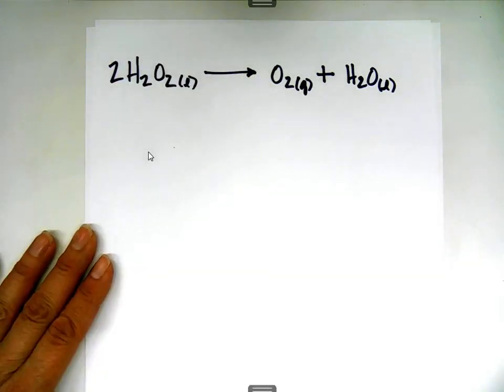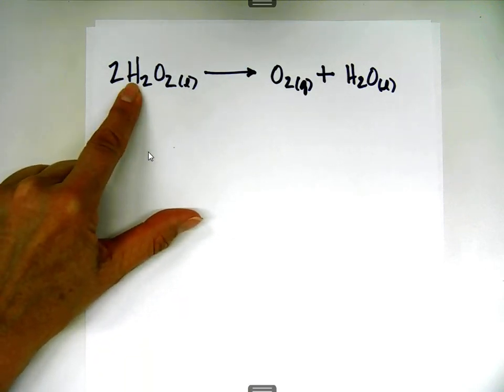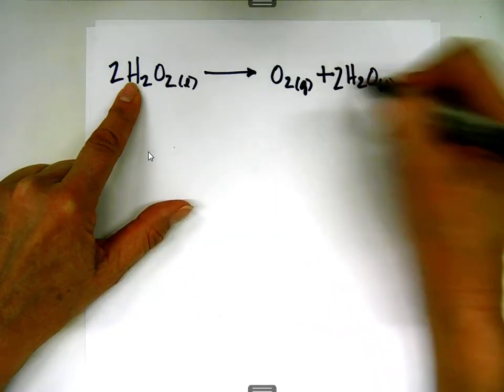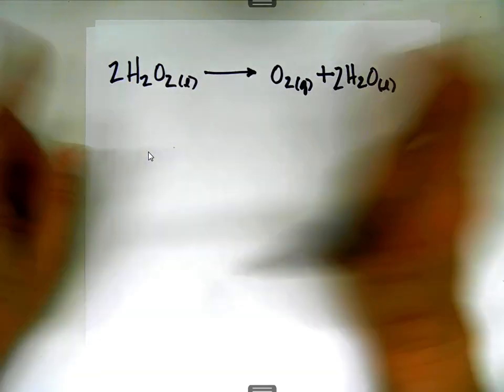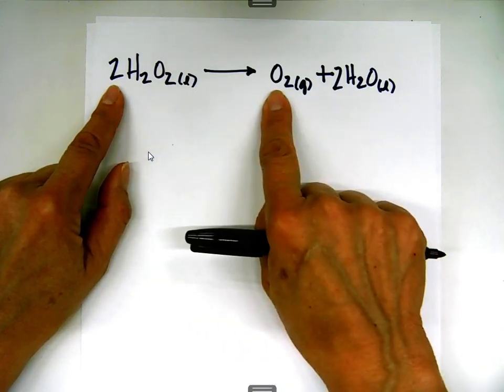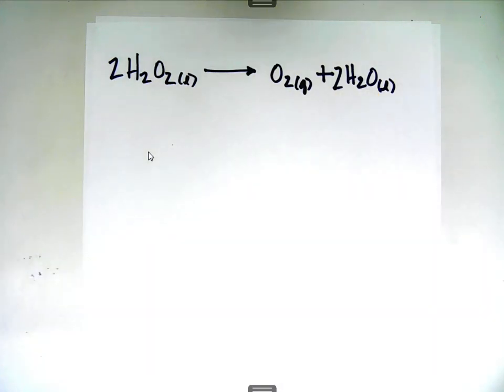That might work, and I have two H2O2, so now I have four hydrogens. How do I fix the hydrogens over here? Put a 2 in front of the H2O. Now I have four hydrogens on each side. How many oxygens do I have on the reacting side? 2 times 2 is 4. Here I've got 2, so how many more do I need? 2 more. So now that equation is balanced. It follows the law of conservation of matter.